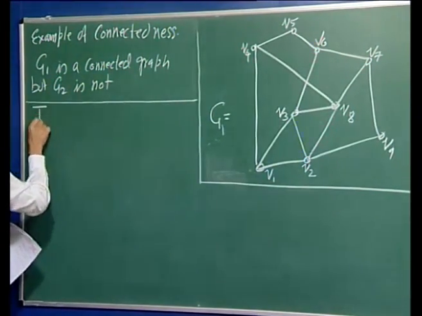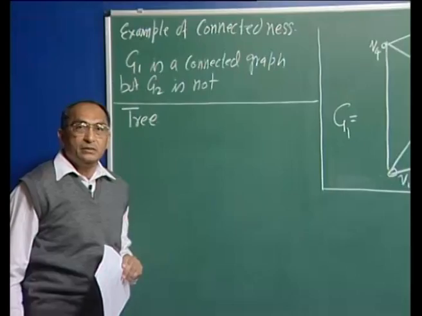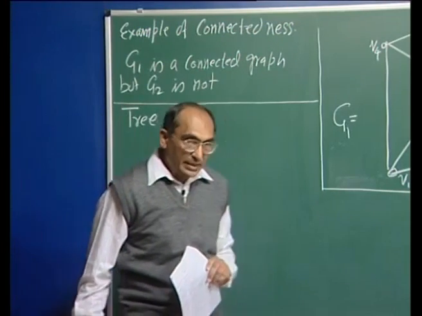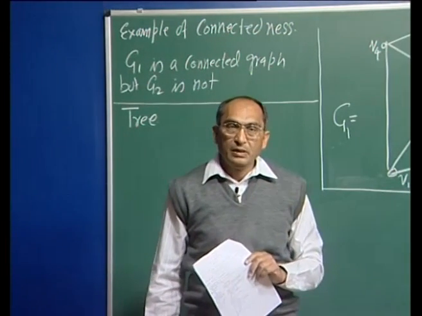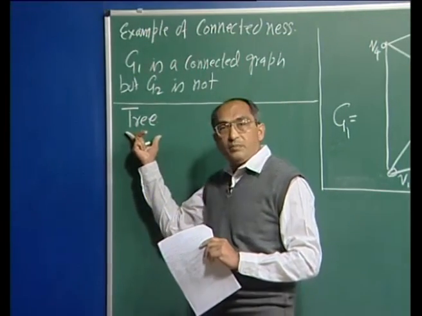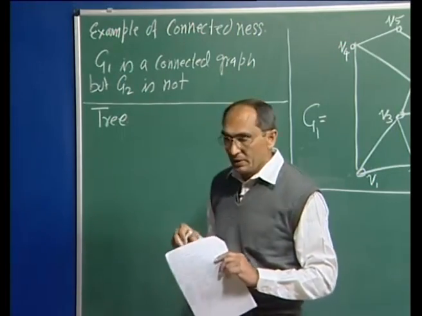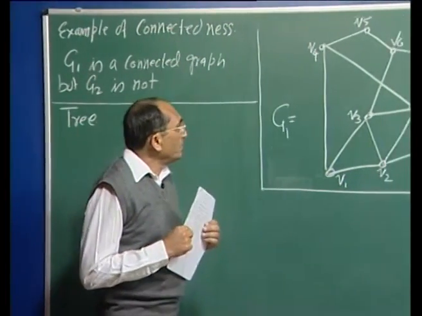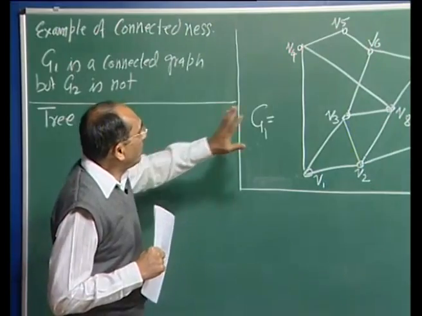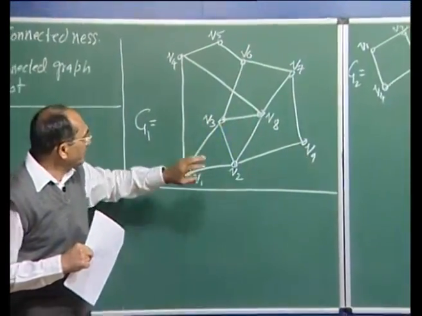Next, a tree is a special kind of graph. If a graph is connected but has no cycle in it, such a graph is called a tree. Neither of these two examples constitutes a tree.